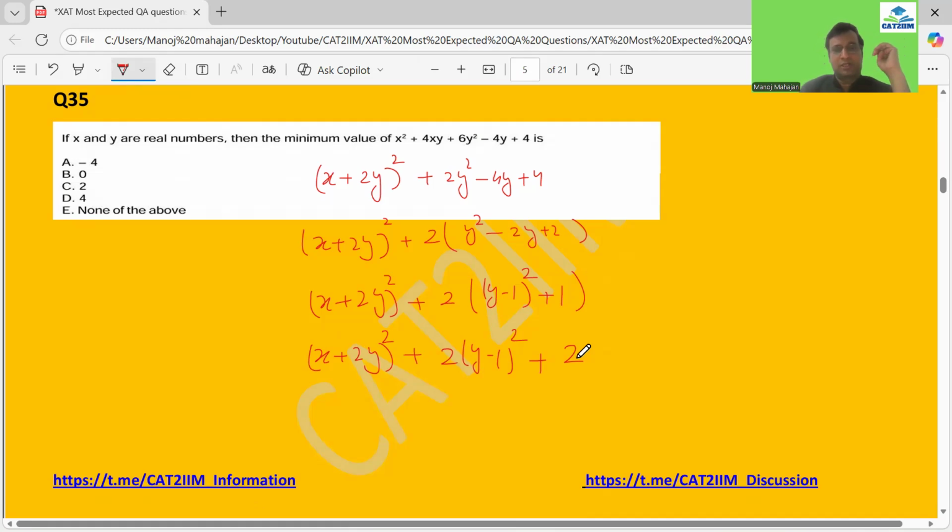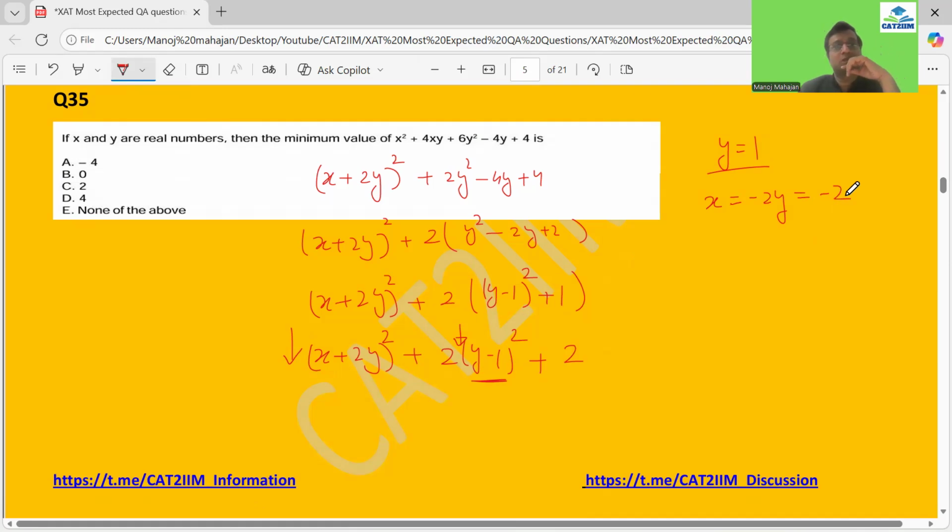So now you can understand that rather than putting x and y as 0 and trying to get the answer, you can say a perfect square like (y minus 1) whole square is at least 0, and the minimum value of this part would be 0, and that would be coming at y equal to 1. And this part also we are going to put 0. So in that case, x plus 2y becomes 0, which means x is minus 2y. And if we are making this part 0 by putting y as 1, this would be minus 2.